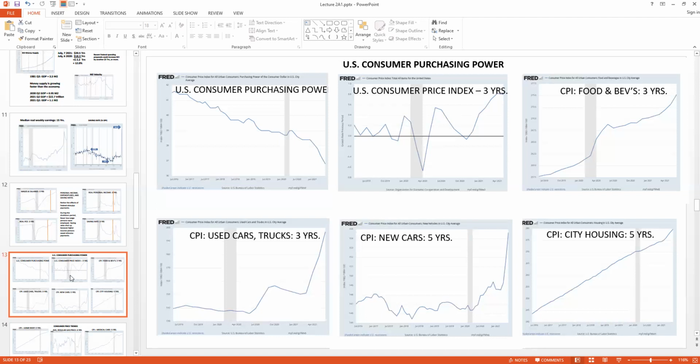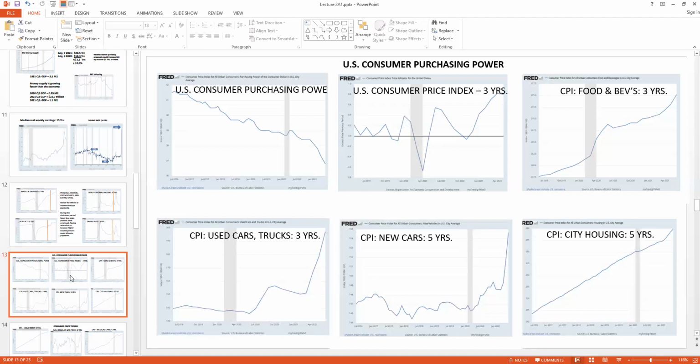And quite remarkably, it costs more for us to go to the grocery store than it used to. Used cars and new cars have shot up. There are a lot of reasons for that, not least of which is the shortage of electronic components for cars. And I'm sure that you've heard about that in the news as well.